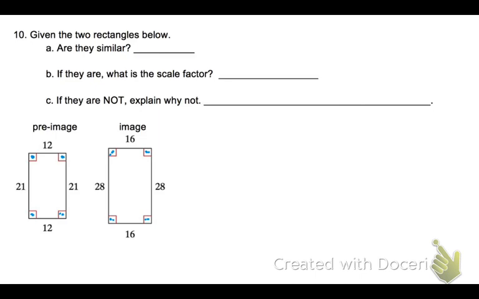But we do need to figure out the sides and make sure they're proportional. Now, we're lucky in that 2 sides are the same in both of them, so we only need to do 2 ratios. So we need to do 12 over 16, and that's got to be equal to 21 over 28.